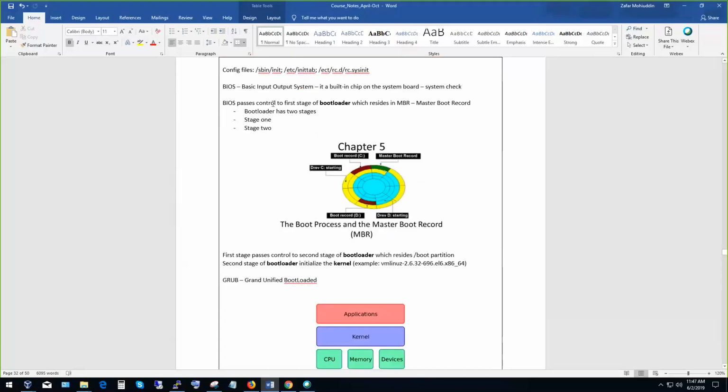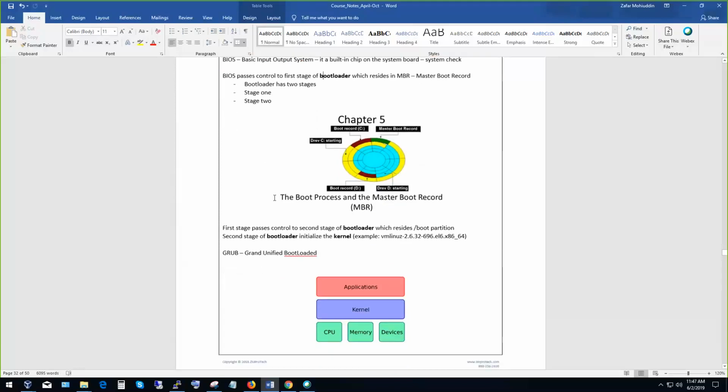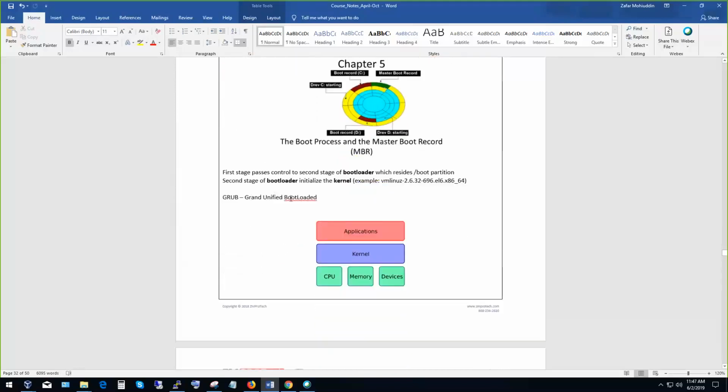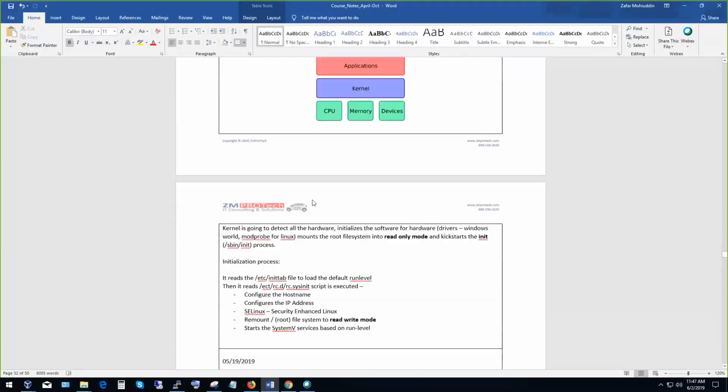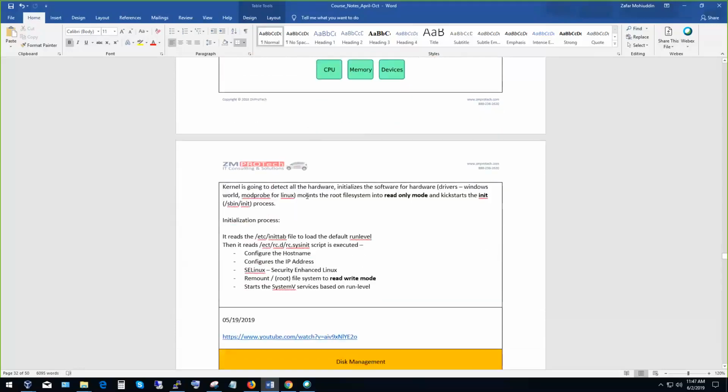So the BIOS passes control to the bootloader. All the stages are happening here, and then it goes to GRUB. And in GRUB, the kernel detects all the hardware, initializes the software for the hardware (drivers, which in the Windows world are modprobe for this), and mounts the root file system in read-only mode, and kickstarts the init process.